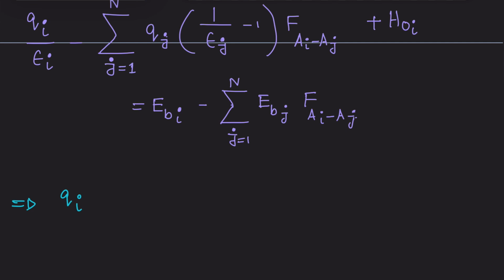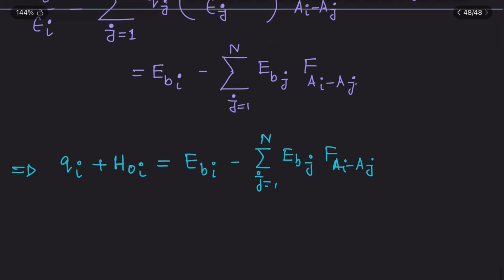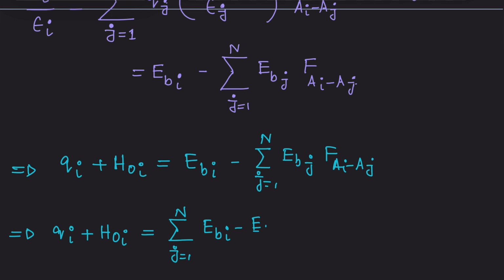So QI plus HOI is equal to EBI minus this one EBJ F AI AJ, or I can write the second form: QI plus HOI is equal to summation over J of EBJ F AI AJ.